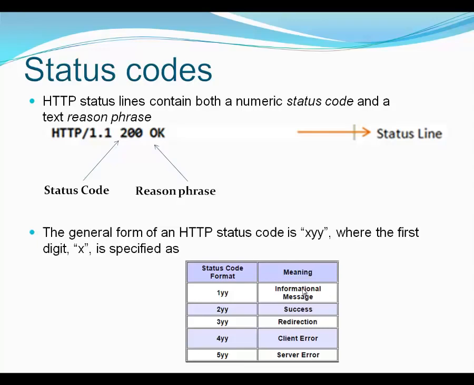Now 4xx and 5xx are the error categories. While 4xx is the result of an action of the client, 5xx is the result of an action of the server. One example would be, suppose you are requesting an object and that object is not found on the server, it says 404, that is not found.